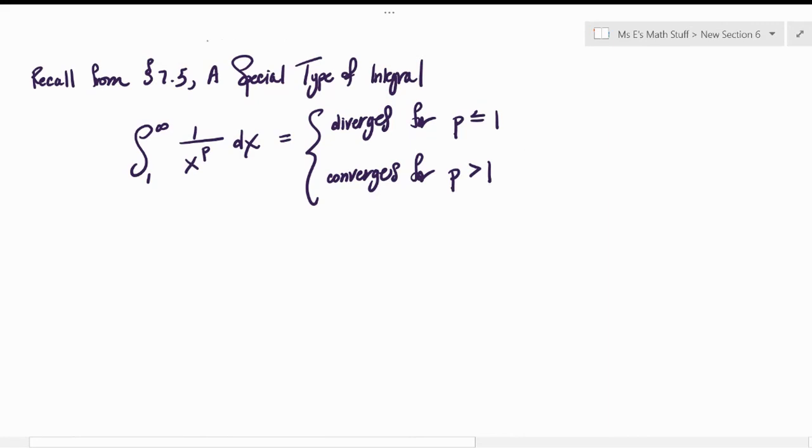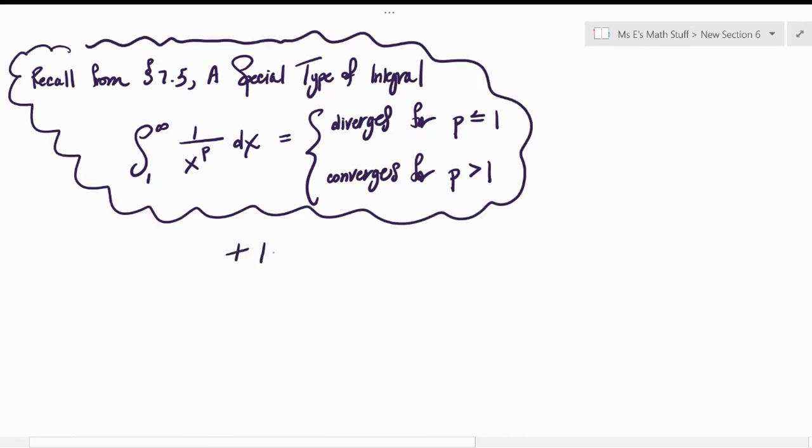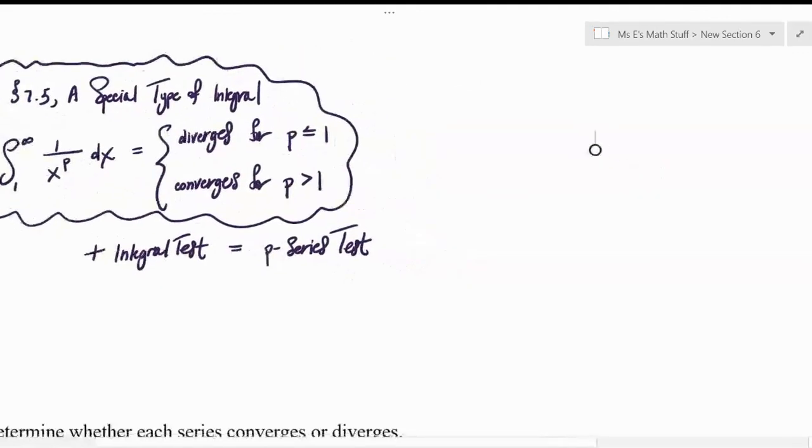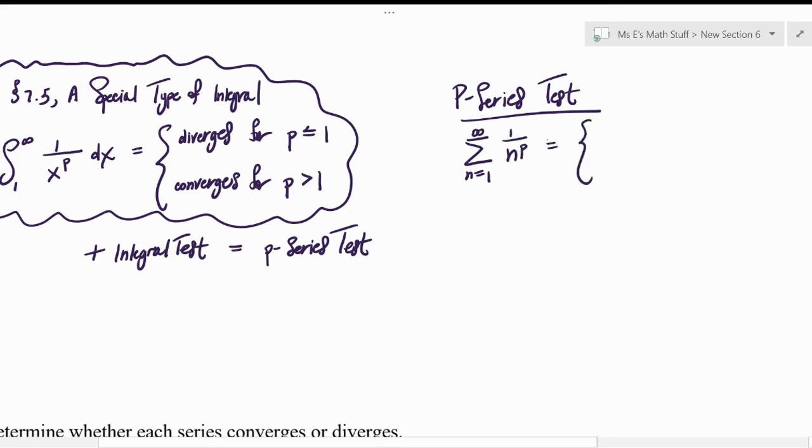If you take that and add in the concept of the integral test, you get what's called the p-series test. So let's talk about what the p-series test is. The p-series test says if you have a sum as n goes from 1 to infinity of 1 over n to the p, then you could tell by looking at the p-value whether it's going to converge or diverge.